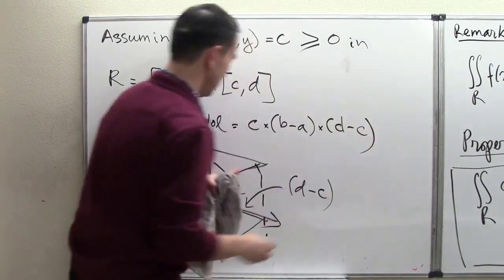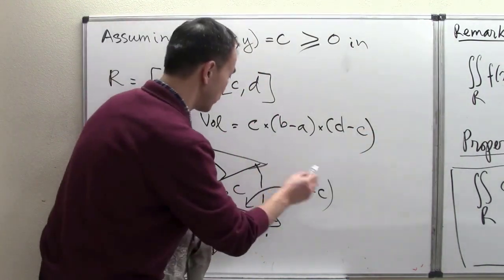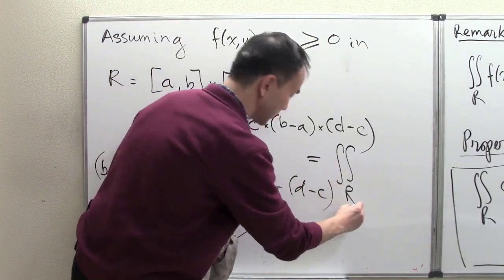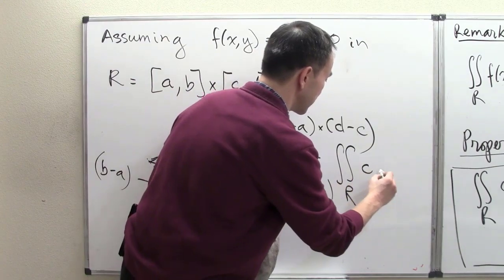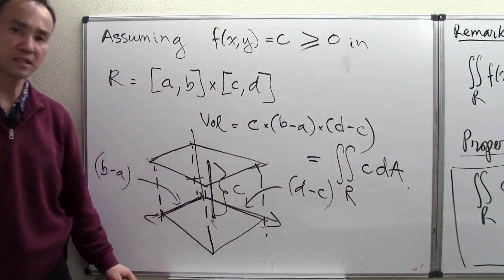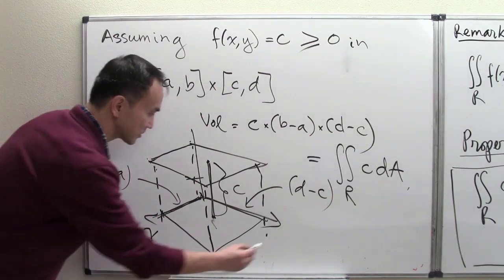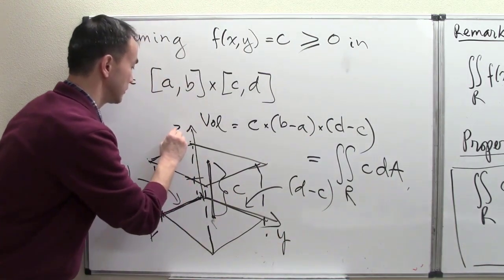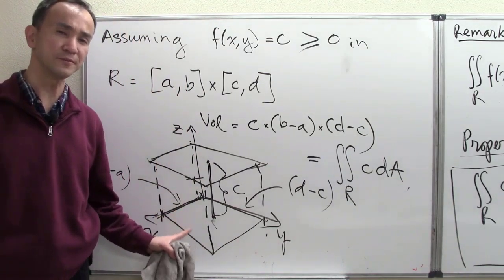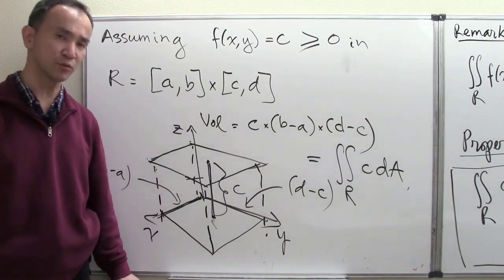But this volume, according to what I just erased earlier, and you've seen it on the board, is also the same as the double integral over the region R of the function c dA. That's how it's true with this property. All right, x-axis, y-axis, this is the z-axis. That's how we can informally prove this first property, and there are other properties that we will investigate as we go along.